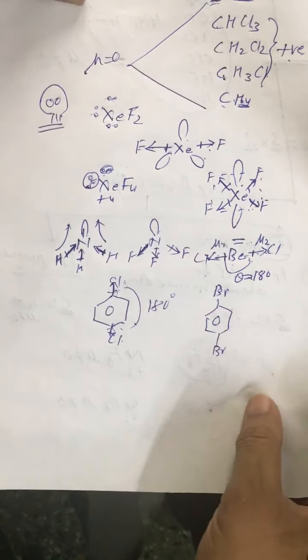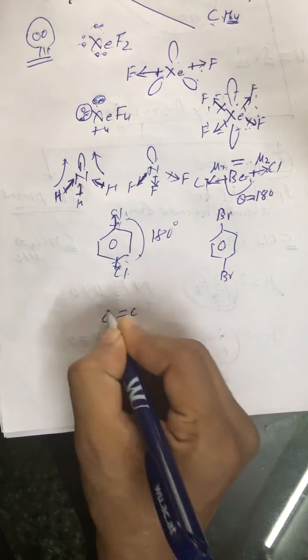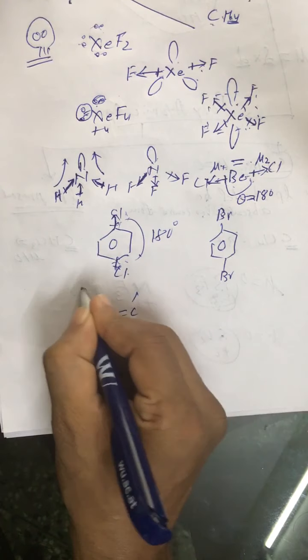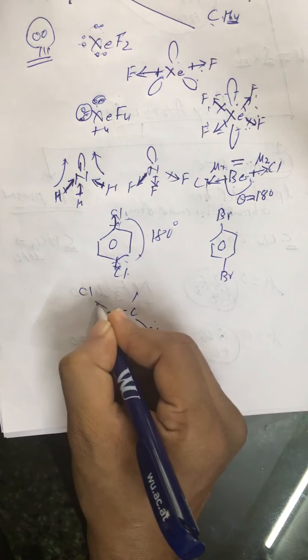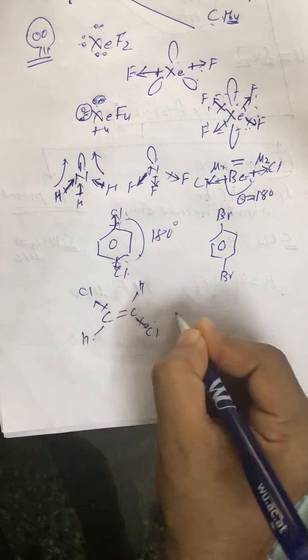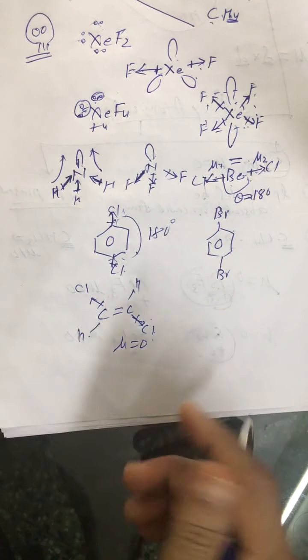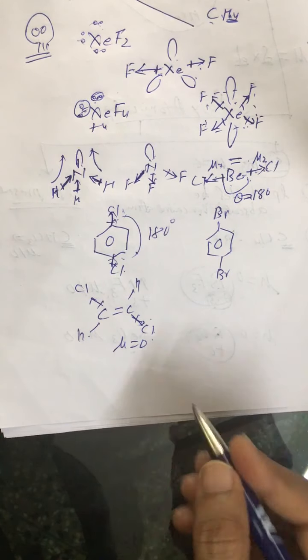Or if we have any trans molecule like trans 1,2-dichloroethene, dipole moment is cancelled. So dipole moment of trans is 0. So you can compare the dipole moment of certain cases.